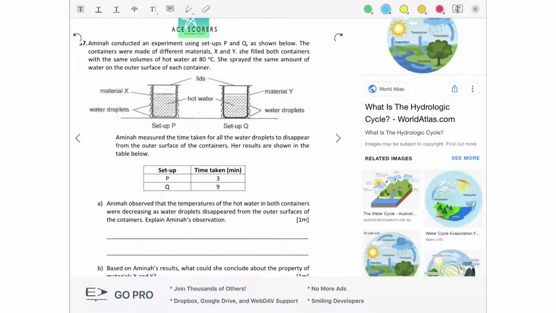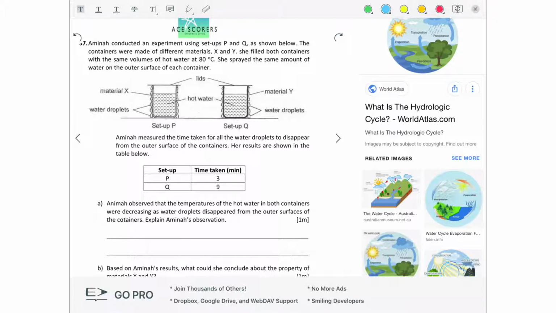Okay, so we've got to look at what's the difference between the two setups. One is material X. The materials are different, right? So how come one of them takes 3 minutes? This one, P, takes 3 minutes for the water to disappear. This one takes 9 minutes.